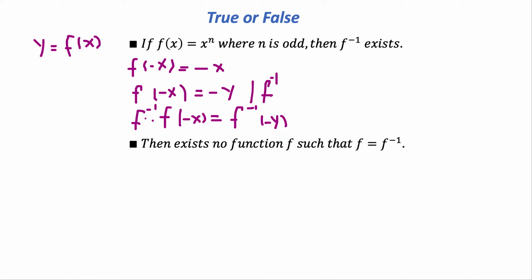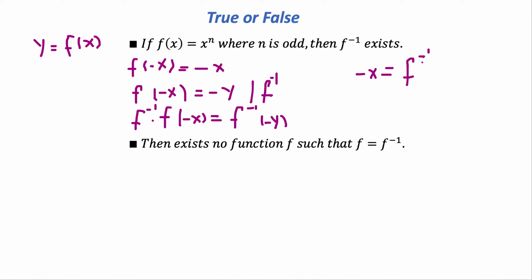But the inverse function times the function is the identity function. In the identity function we get just the input here, minus x. So let me write minus x is equal to the inverse function of minus y.